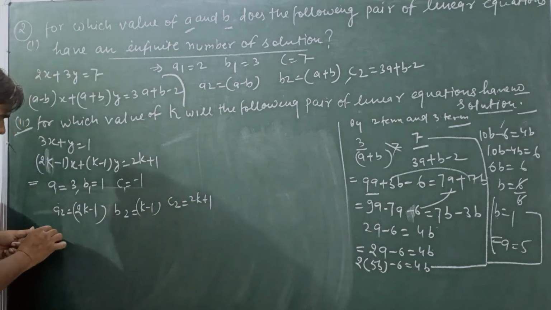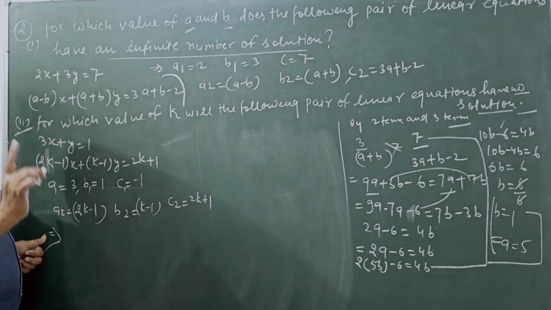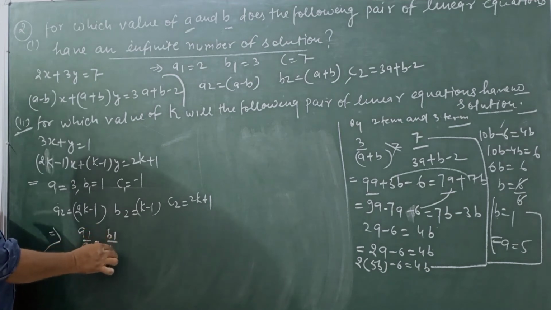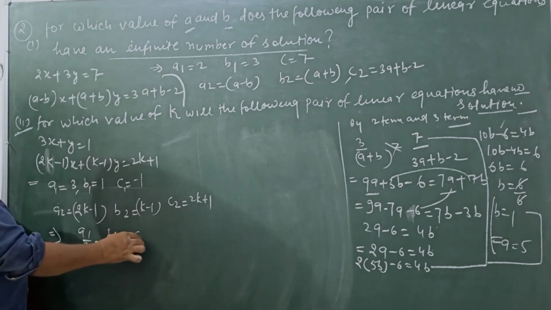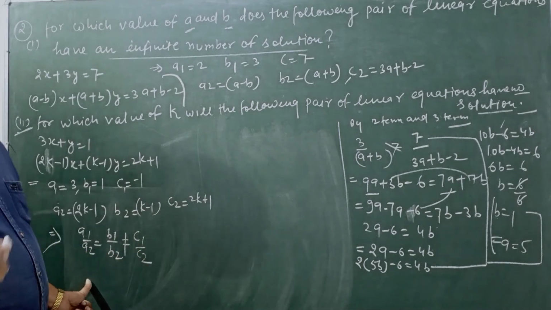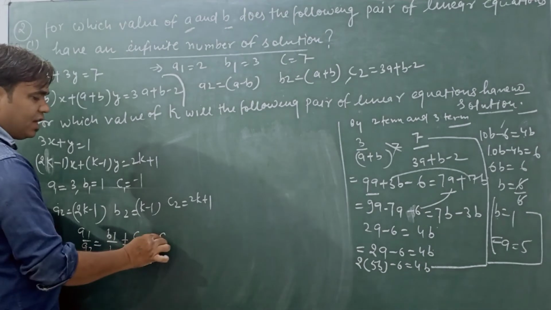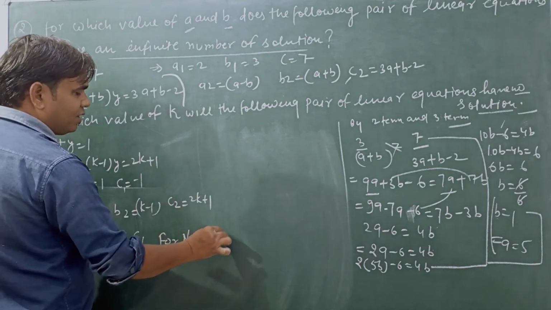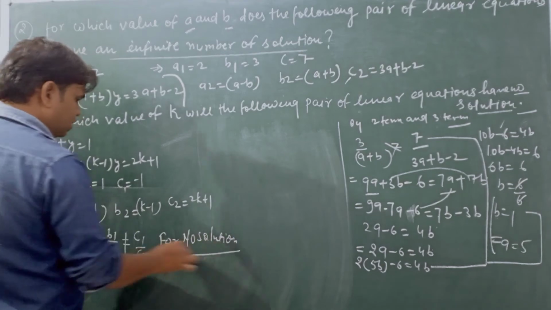So for no solution, a1 over a2 equal to b1 over b2 not equal to c1 over c2. This is the condition for no solution.